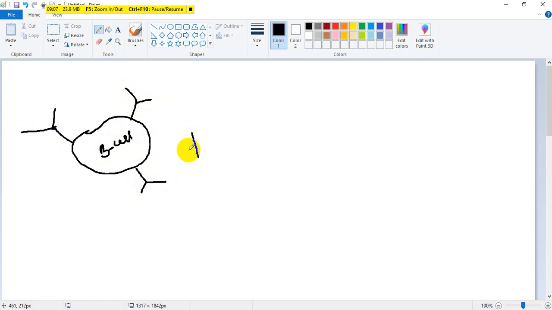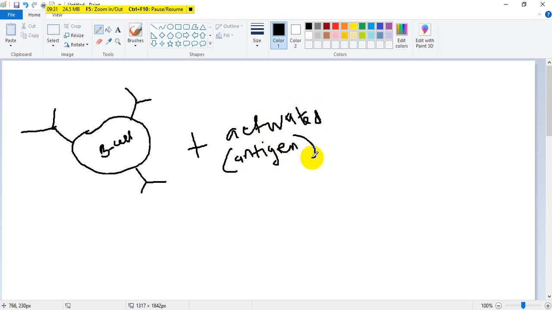When this naive cell becomes activated, and the only way it becomes activated is through antigen stimulation, it is activated by antigen. When you present an organism to this B cell, this B cell will now change to a plasma cell.